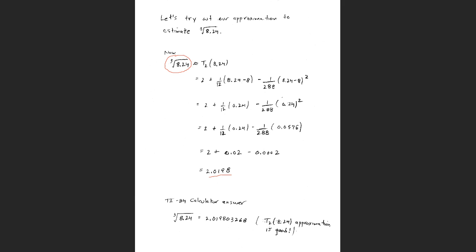If we compute the cube root of 8.24 on our calculator, we get 2.019803268. So look, we had a pretty good approximation there.